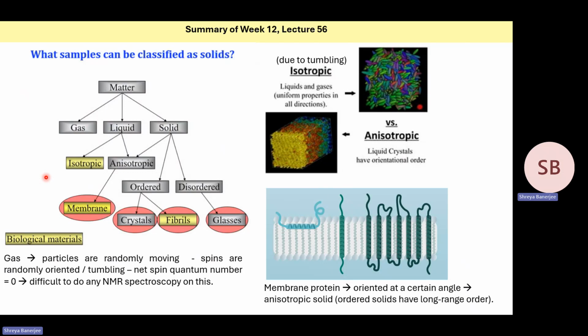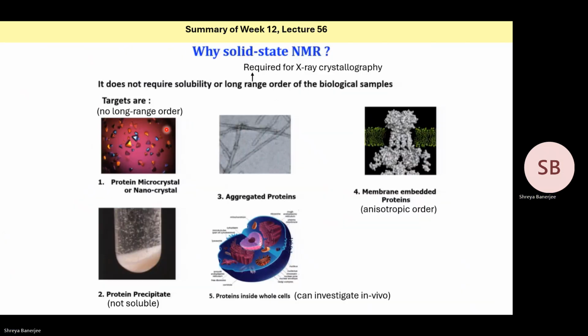In this course, we have so far focused on isotropic liquids, but in this last class, we will go a little bit into solid state NMR. So why is solid state NMR required? There are many samples which are not soluble. If the sample is not soluble, then you will not be able to do the solution state NMR we have been doing so far.